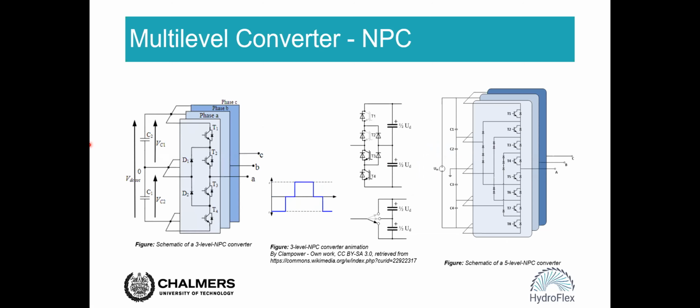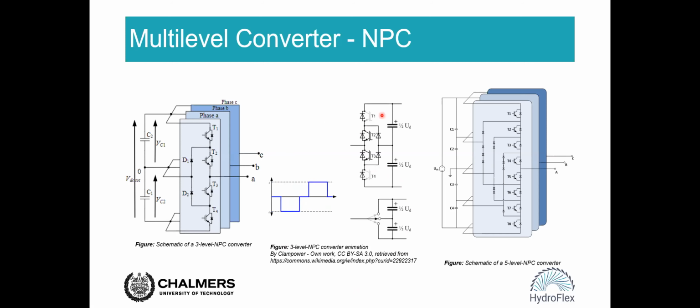On the left side is a schematic of a three-level NPC converter, and we can see that the neutral point of this DC link is clamped by diode 1 and diode 2 here, and this is where the name neutral point diode clamped converter comes from.